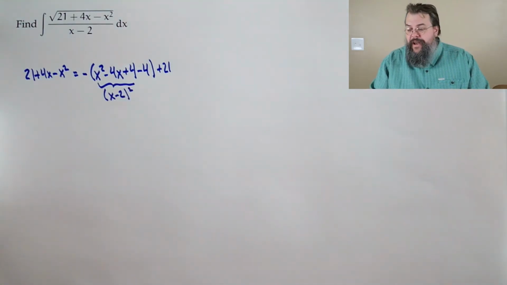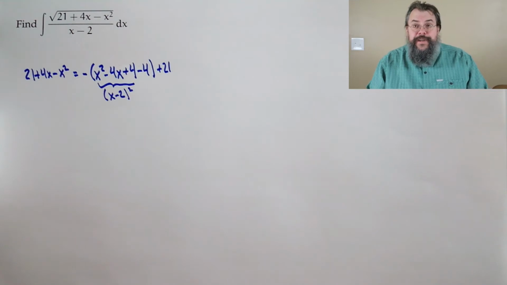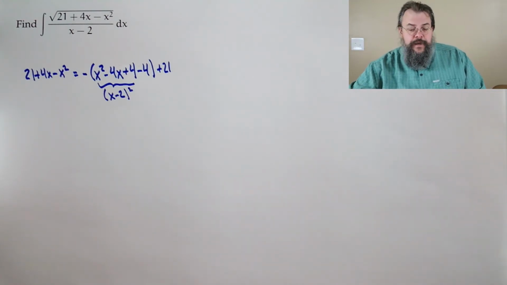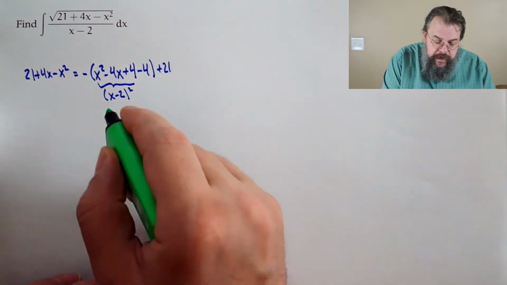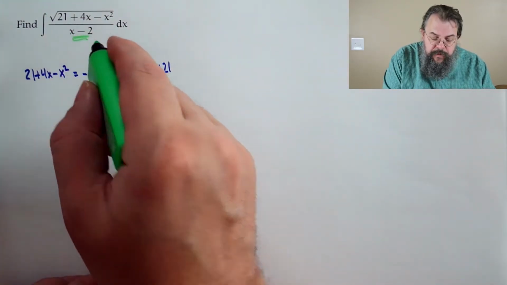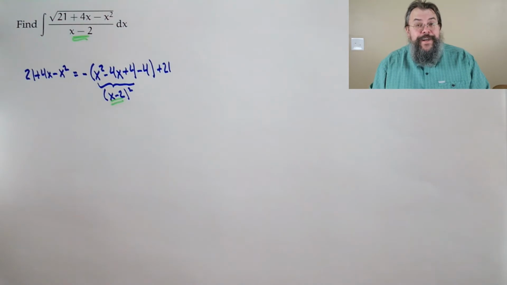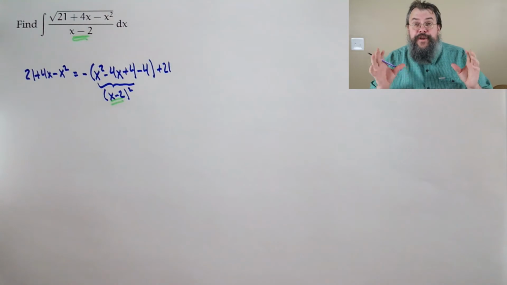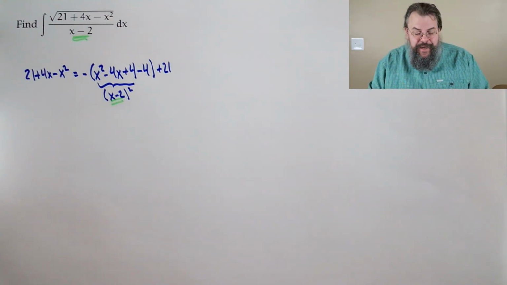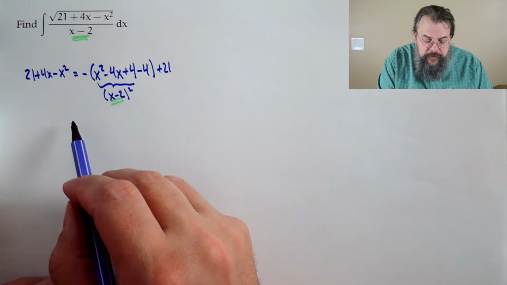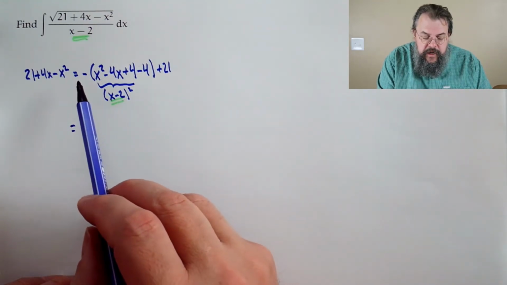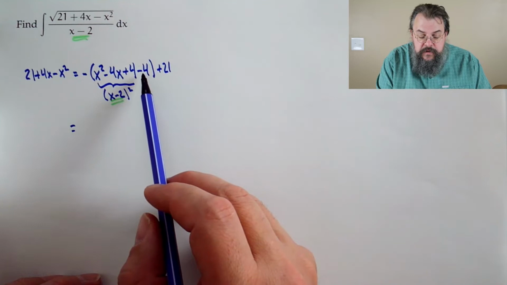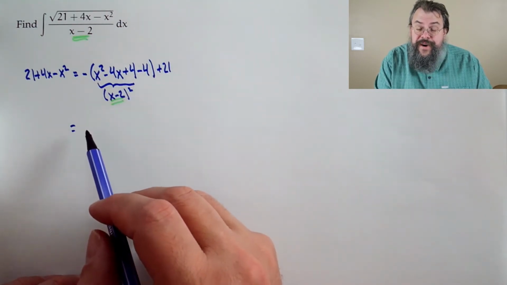Okay, good news is this part right here I can combine together as a nice square. And as a bonus, there's a hint we're on the right track, right? Because what do you see? You see x minus 2, that's an x minus 2. They're very close, so they probably are connected. Okay, so we're feeling good about that particular rewriting. The substitution is still to come. And so what do we have here? Well, I'll do the constant: you have a minus 4, which is positive 4, plus 21, which is 25.